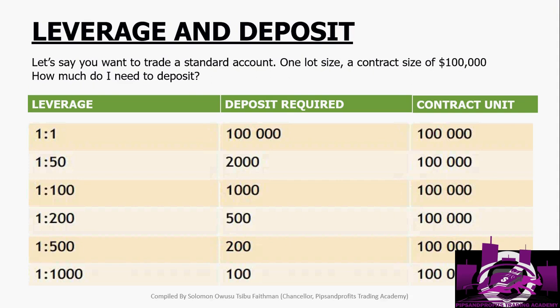And I said that leverage is a two-edged sword. It has a positive side and then it has a negative side. But the positive side is that you are only required to deposit a smaller amount to be able to control a bigger amount, okay?